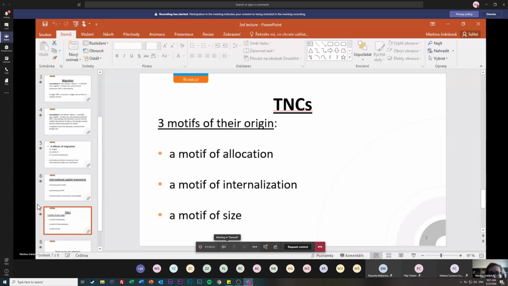The last motive is the motive of internalization. It's not internationalization, be careful, it's internalization. Because if we are talking about neoclassical economics, we never talk about the fact that the functioning of the market also costs some money.